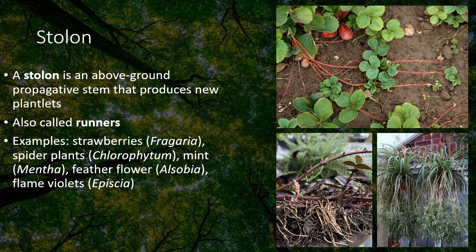Stolons are above ground propagative stems that produce new little plantlets, and they're also called runners sometimes. Stolons are a common feature of many horticulturally popular plants and a really easy way to propagate plants. So this upper image, you might recognize this as a strawberry.